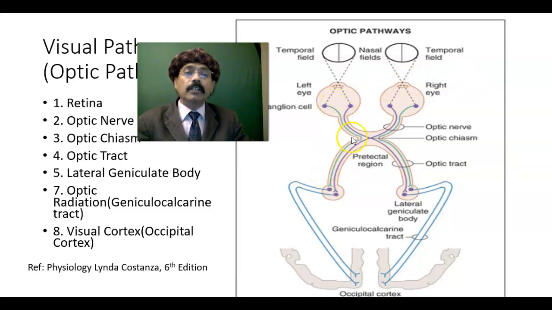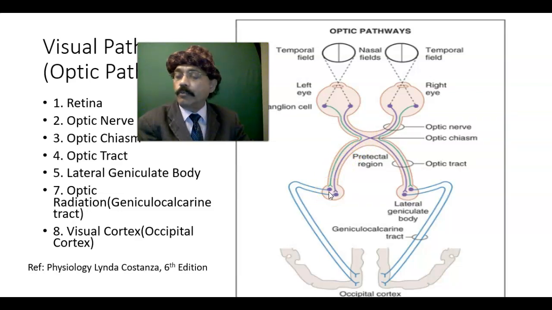For the contralateral fibers, we have the 1, 4, 6, first, fourth, and sixth layer. So these are the arrangement of the fibers of the optic tract in the lateral geniculate body.